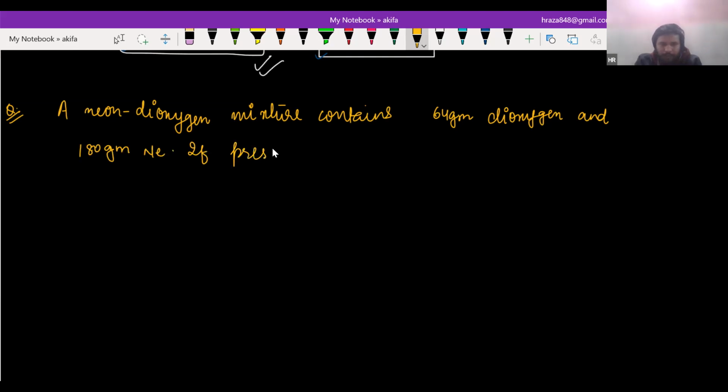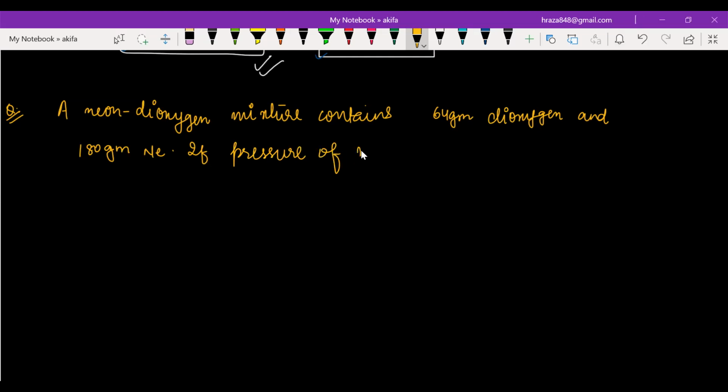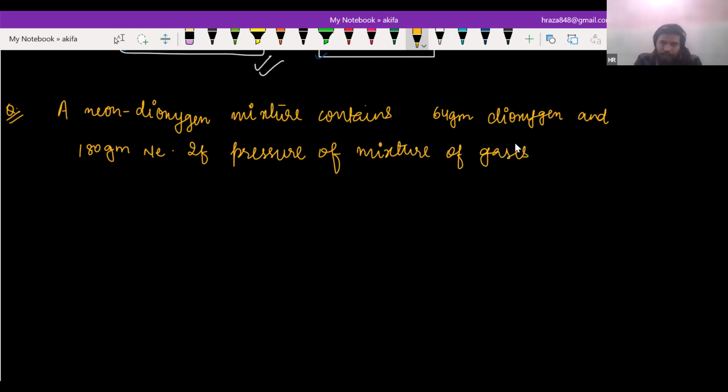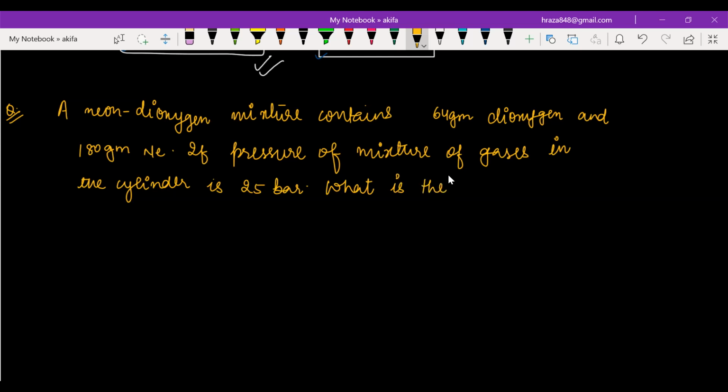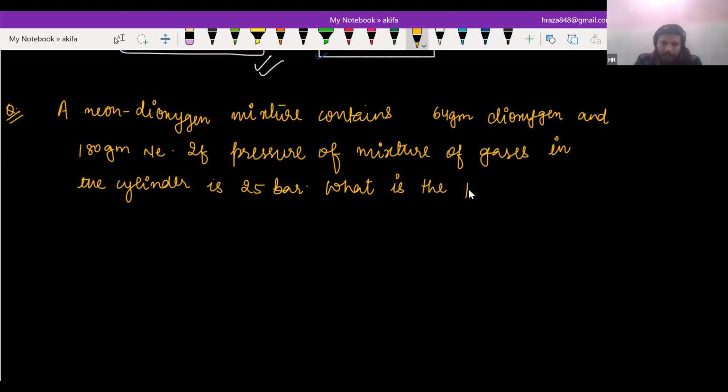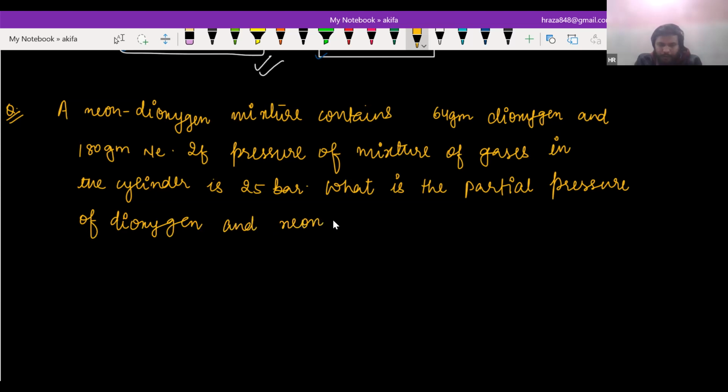If pressure of mixture of gases in the cylinder is 25 bar, what is the partial pressure of dioxygen and neon in the mixture?